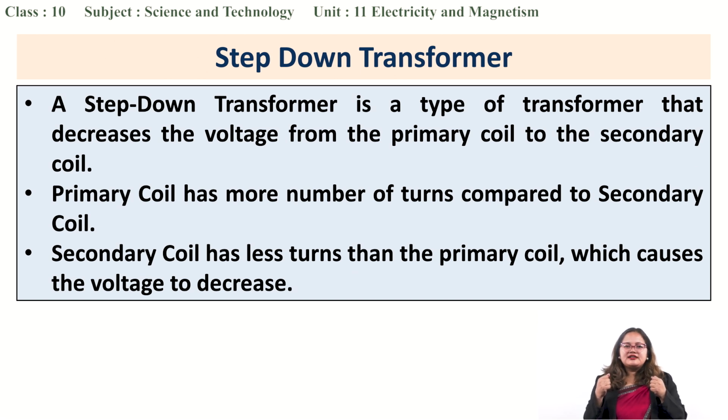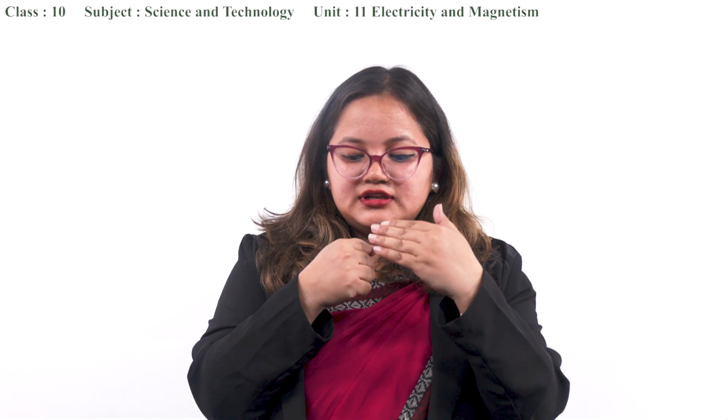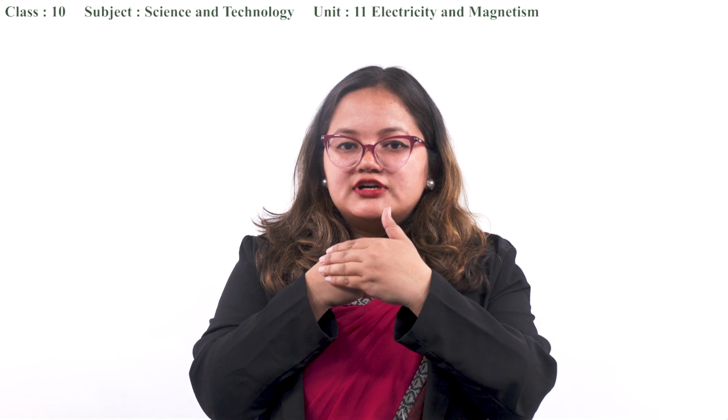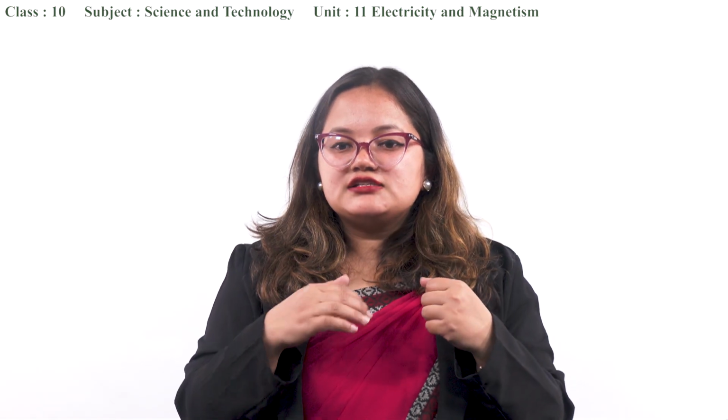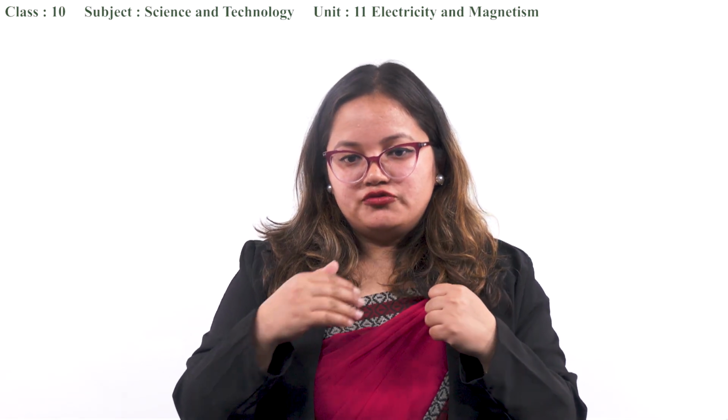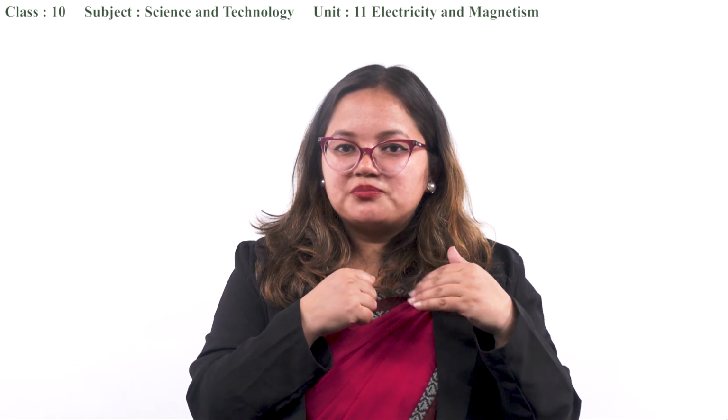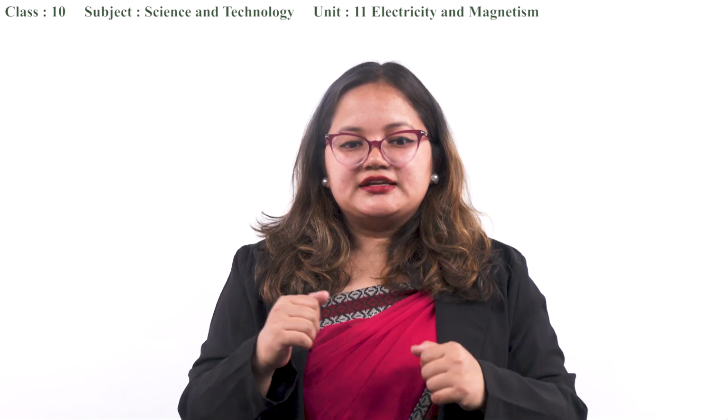We want a much lower voltage for our appliances, right? In this case a step-down transformer is quite useful. In a step-down transformer the output voltage is lower than the input voltage, so it decreases the voltage from the primary coil to the secondary coil.